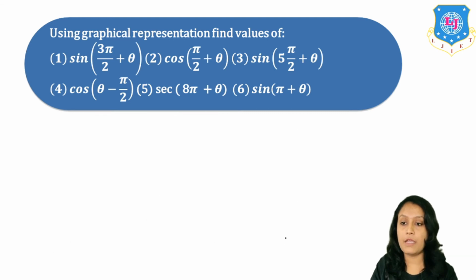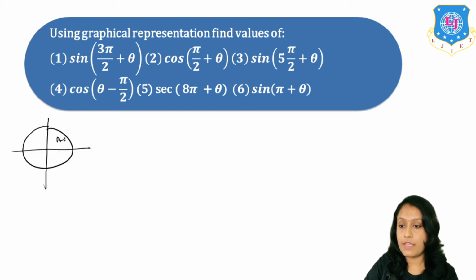All right, now we'll solve this example. Let me draw the ASTC again. Here we have All, S, T and C. Here we have 0, then pi by 2, then pi, 3 pi by 2, then 2 pi and so on.